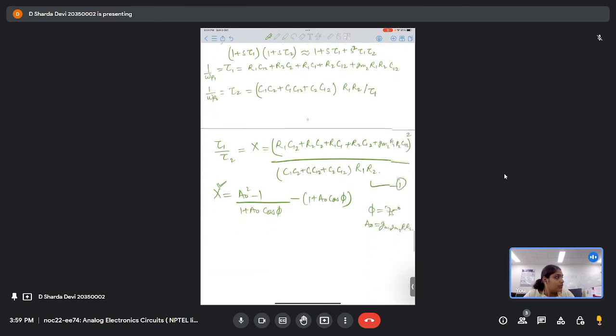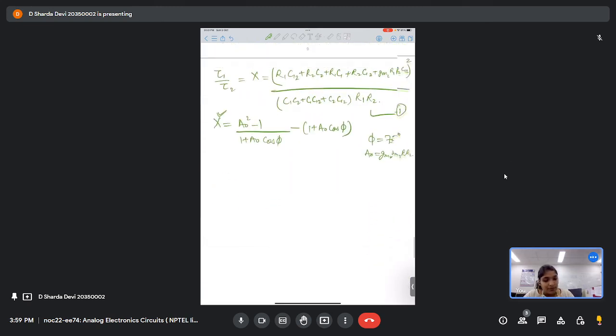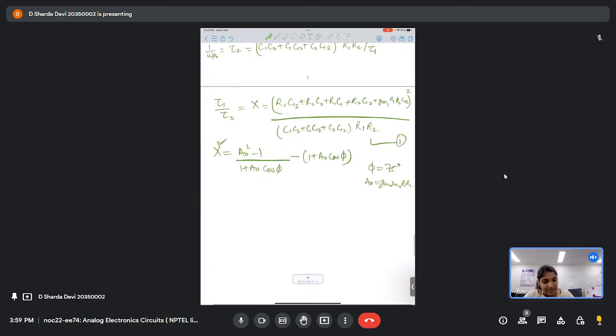So what we can do from this x, substituting all other values, and from expressions 1 and 2, if we equate, we'll get x equal to some expression as a function of C12.